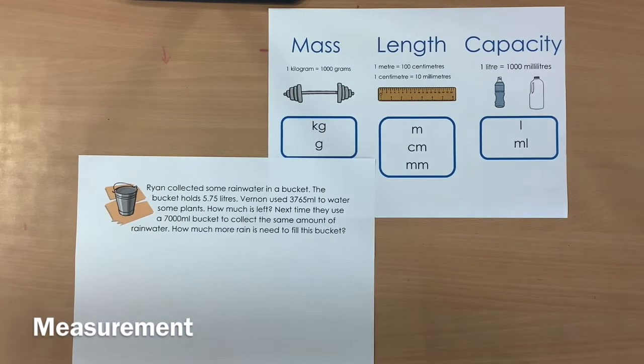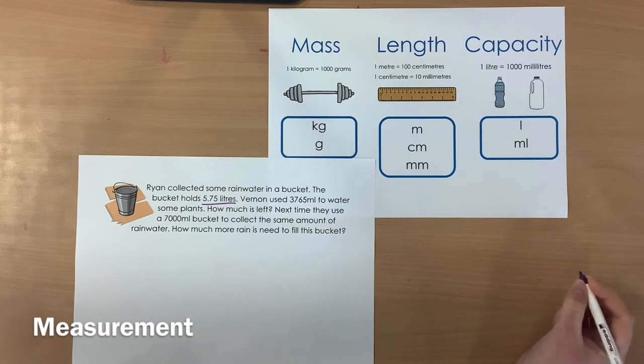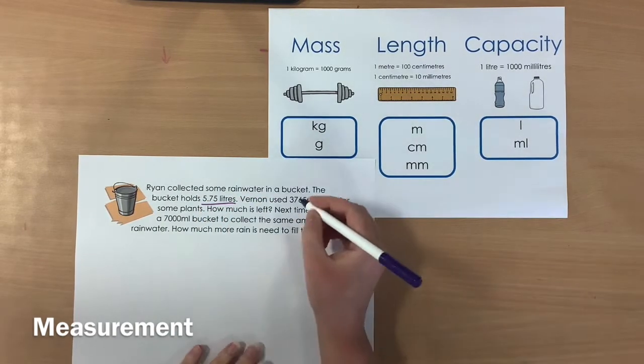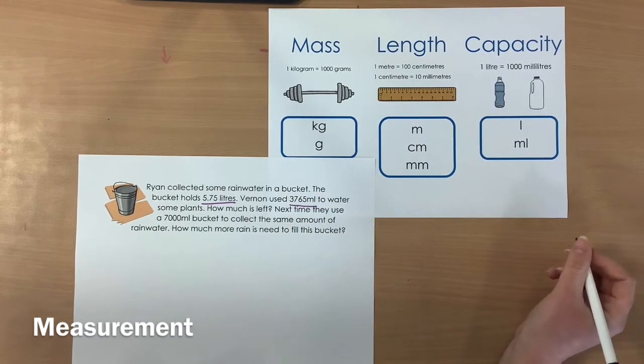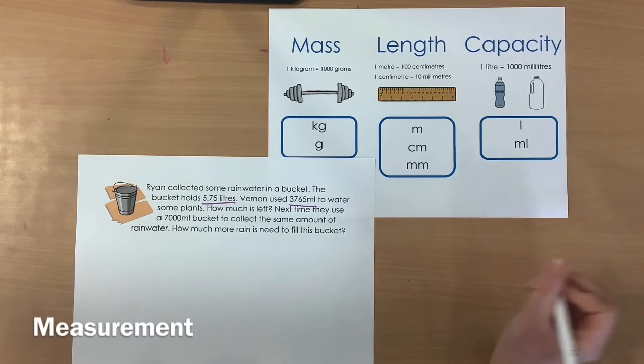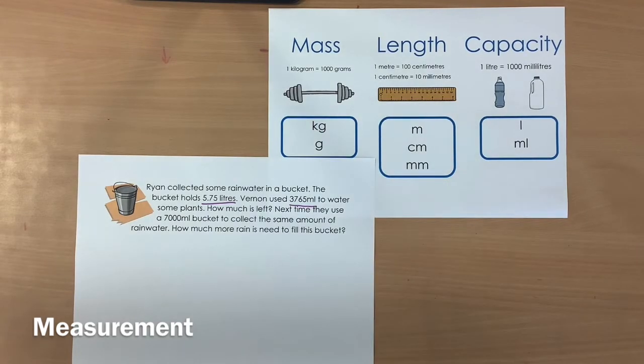The bucket holds 5.75 litres. Vernon used 3,765 millilitres to water some plants. How much is left? Next time they use a 7,000 millilitre bucket to collect the same amount of rainwater. How much more rain is needed to fill this bucket?